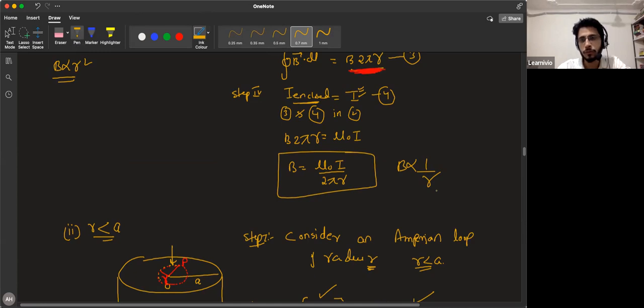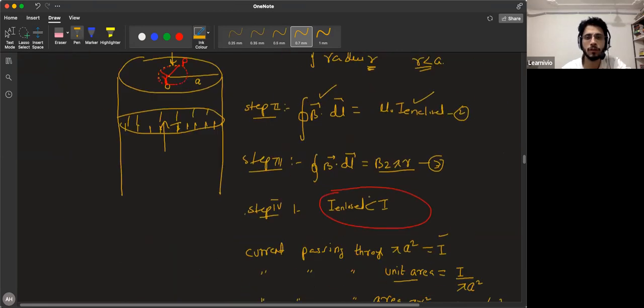Linear? It's not linear. Linear means r should be in numerator. What will be the shape of this graph? Hyperbola. Hyperbola means you increase one, another term will decrease.